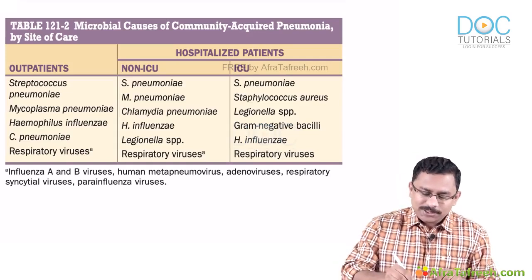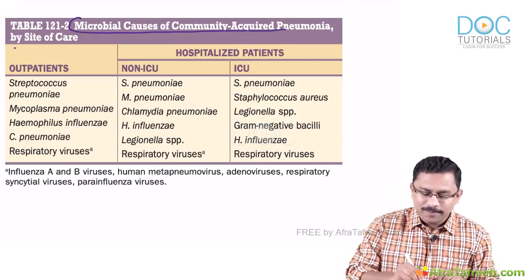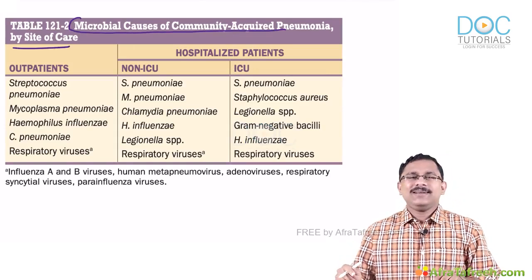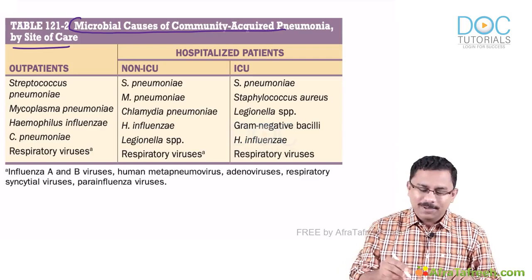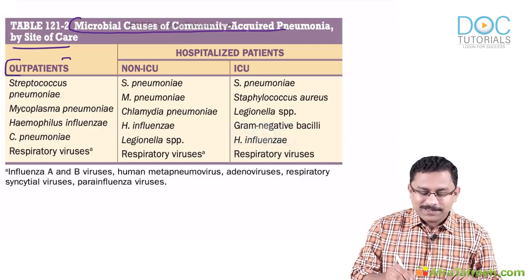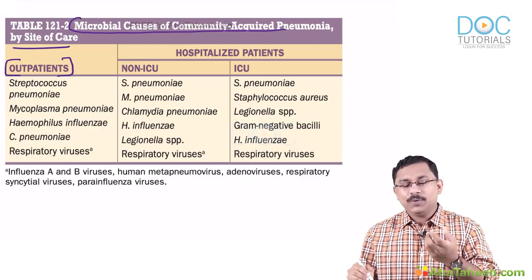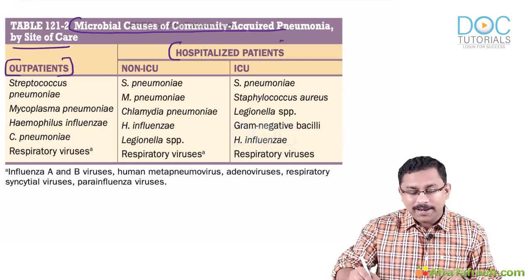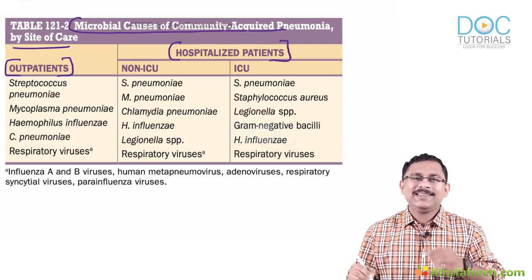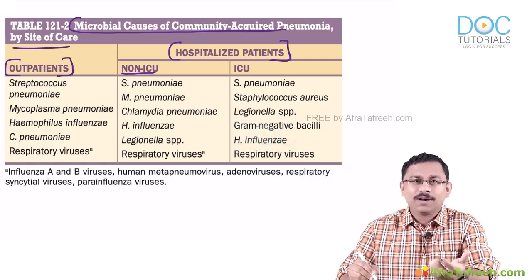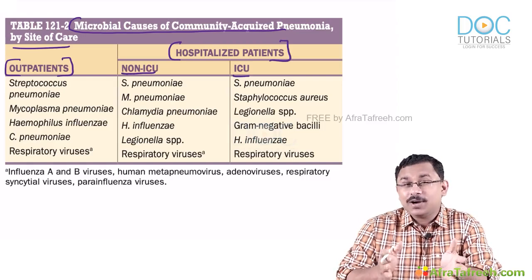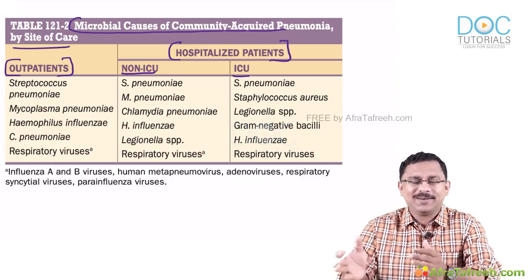See, the microbial causes of a community acquired pneumonia by the site of care. That is, you may develop a community acquired pneumonia which can be managed on an outpatient basis. You can have a community acquired pneumonia which might require hospitalization. And in the hospitalization, it might be a non-ICU in the general wards, or this community acquired pneumonia might require an ICU admission.